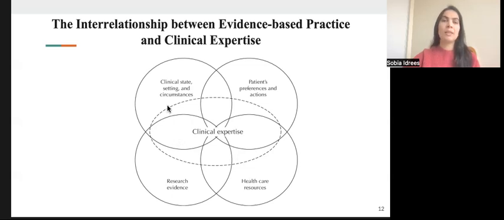We need to look at the clinical state, setting, and the circumstances where we are using the concept of evidence-informed practice. Another important element, we also need to integrate patients' preferences and actions or values, whatever they prefer and they believe. So the integration of all these elements or circles is called evidence-informed practice in nursing context.